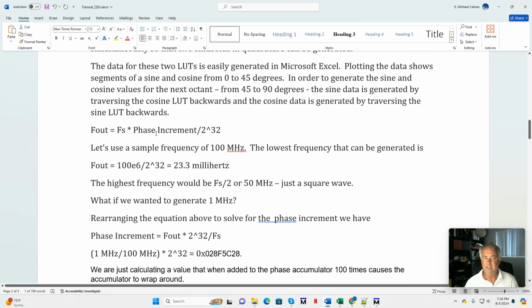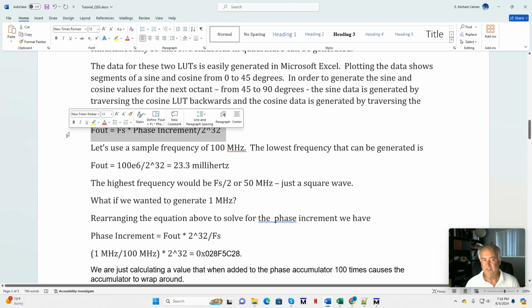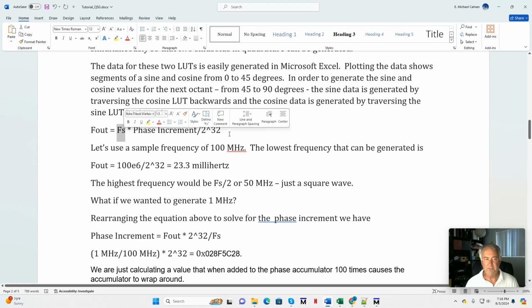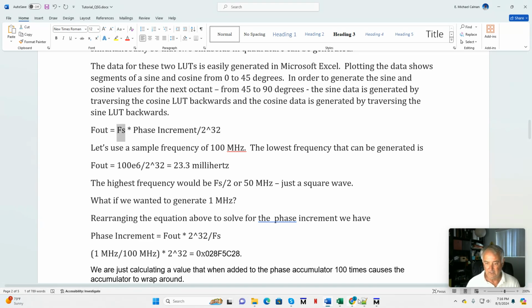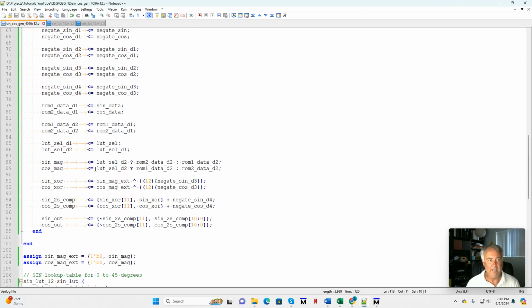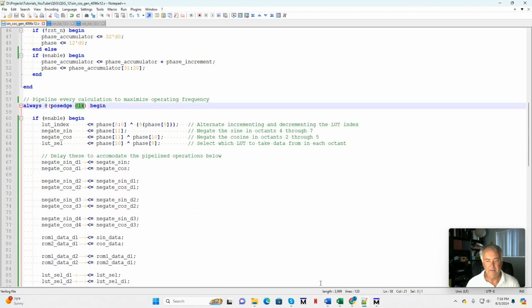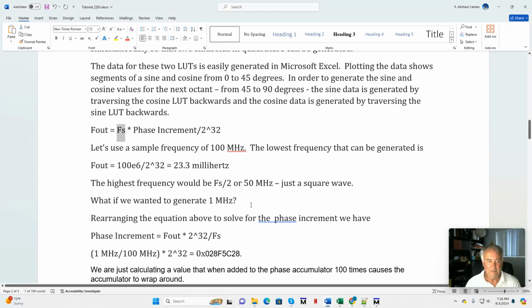And the next thing is, how do we calculate that magic phase increment value? Well, there's the fundamental equation. The output frequency is equal to the sample rate. That's the frequency of that clock signal that we're clocking everything at, this guy right here. I often use 100 megahertz.